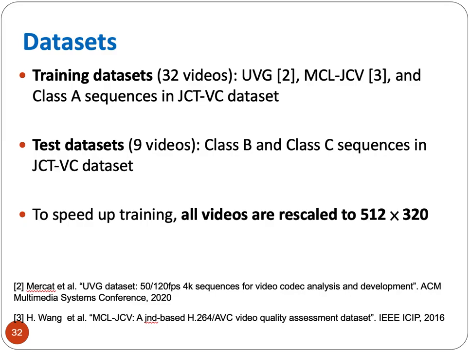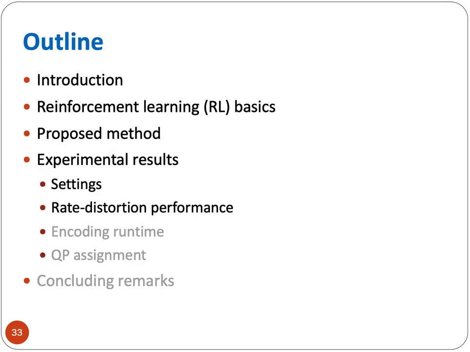Our training dataset has 32 videos, and we test on another 9 test videos. To speed up the training, all videos are downsized to 512 times 320. Next, I'll move to the rate distortion performance.